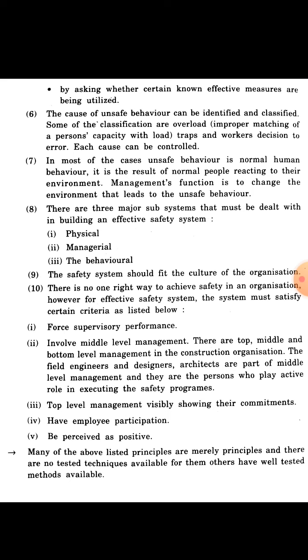And the system must satisfy certain criteria. Some of the criteria: first is to force supervisory performance, second is to involve middle level management, third is top management visibly showing their commitment, and fourth is to have employee participation and be perceived as positive. So these are the main criteria for safety.